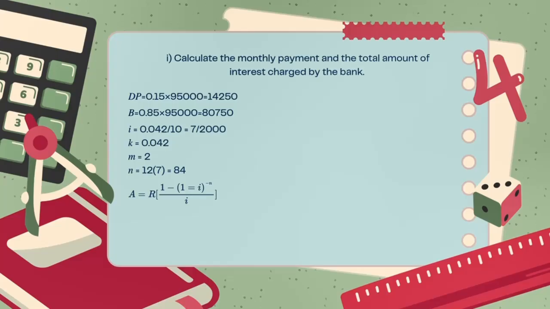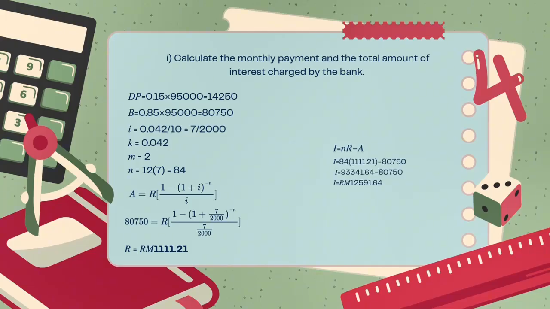Next, we are going to find the interest charged by the bank. We are going to use the formula I equal to nR minus A. I equal to 84, bracket, 1,111 ringgit 21 cents, bracket, minus 80,750 ringgit.